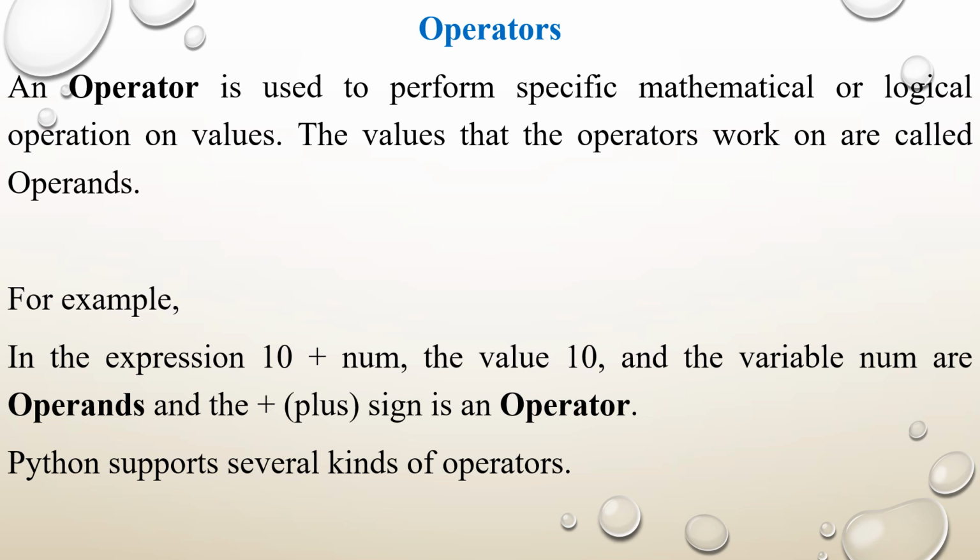So operator is used to perform a specific mathematical or logical operation on the values. So here 10 plus num, what is that? It says that it has to perform an addition of 10 along with the value which has been stored in a variable num. Python supports different kinds of operators.